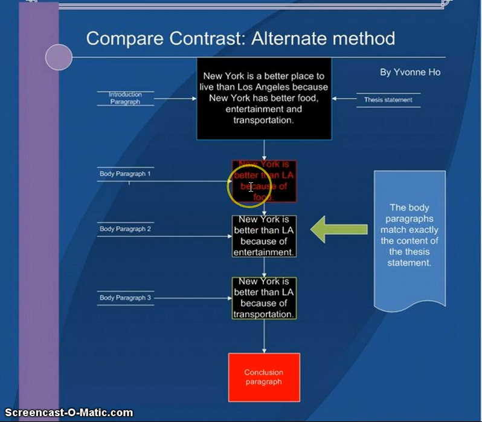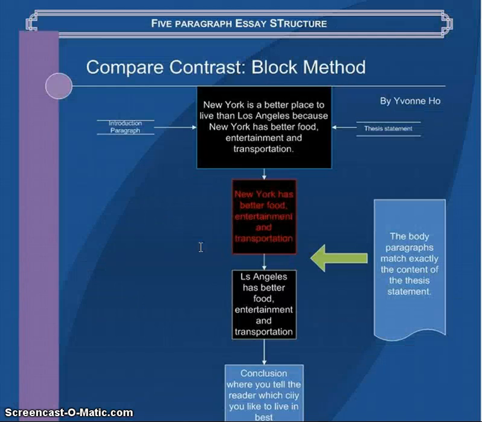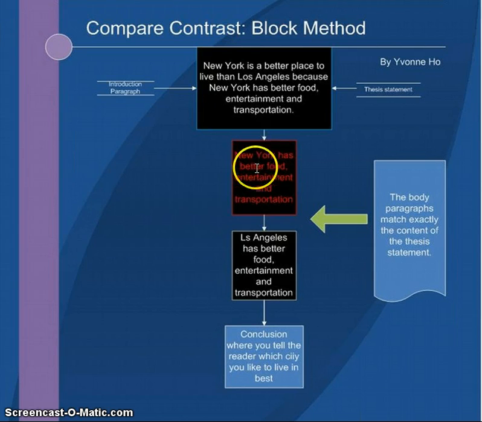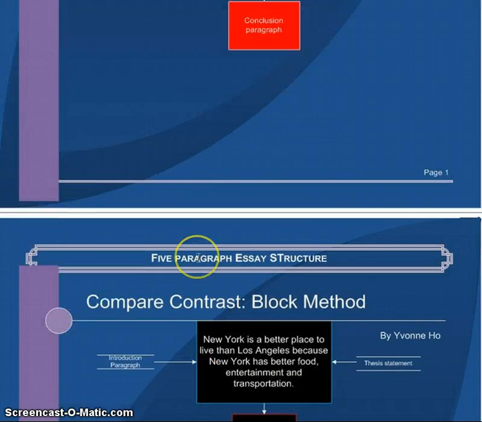So body paragraph 1 talks about food, New York and LA. Body paragraph 2 talks about entertainment, New York and LA. And body paragraph 3 talks about transportation, New York and LA. Why is this alternate? Because each paragraph talks about both topics. Whereas in the block method, you have one big paragraph about New York and then one big paragraph about Los Angeles.